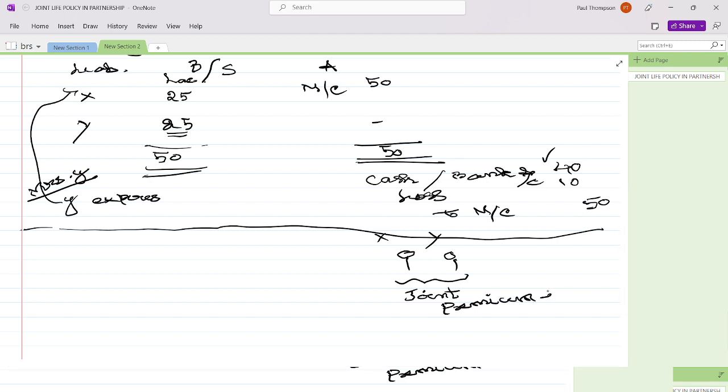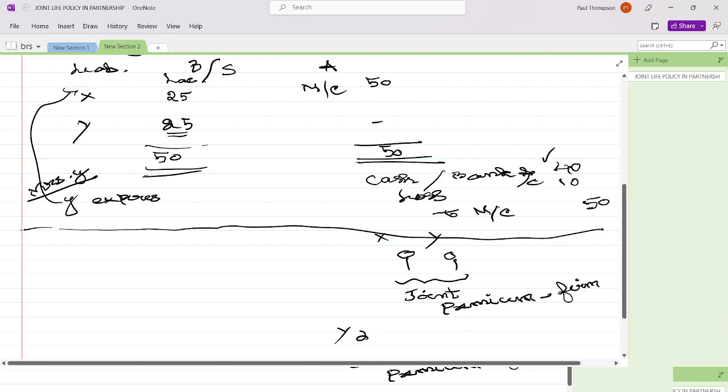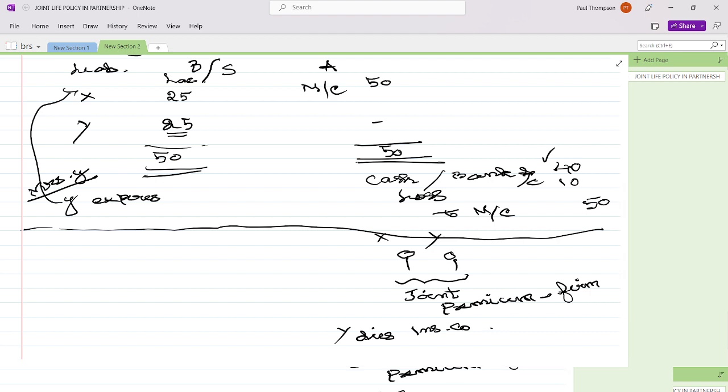That is, collectively the partners are known as the firm. The premium is paid by the firm, the business. Then what will happen? In case Y dies, the insurance company will make payment to the firm. The business will receive the money.